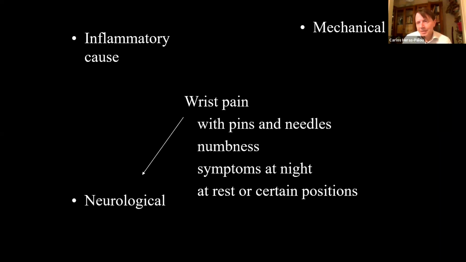If somebody comes and they've got pain at rest, that's not related to activity, pain at night that wakes them up, pins and needles or paresthesia, numbness, that's likely to be neurological pain. And conditions like carpal tunnel or thoracic outlet can present with wrist pain. So be aware of that.